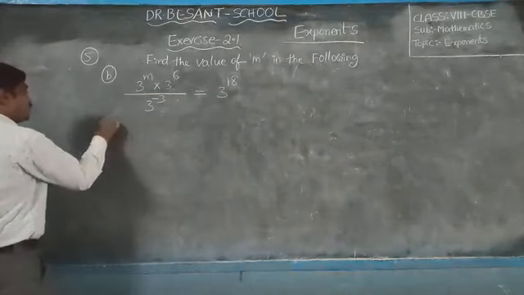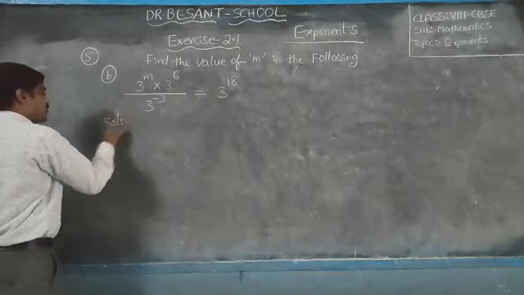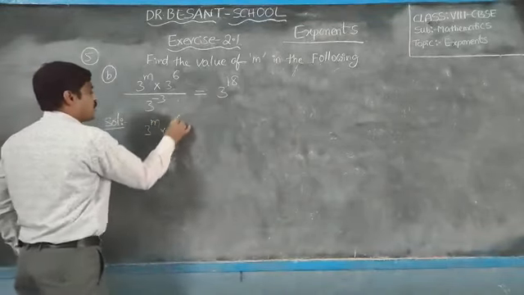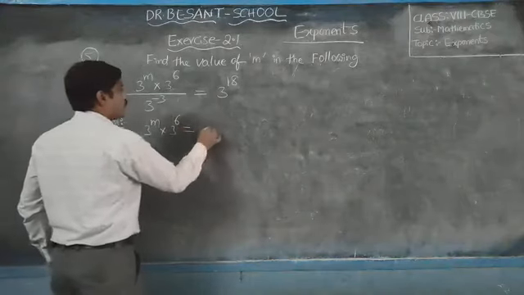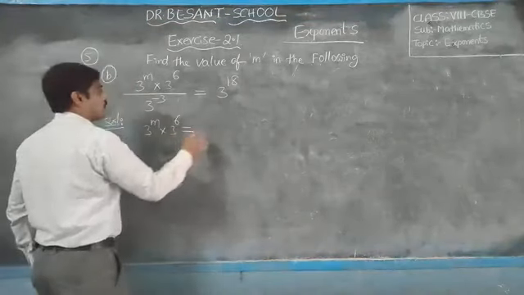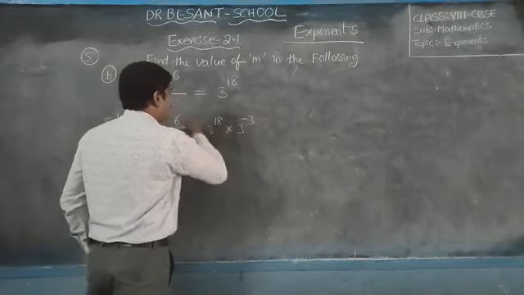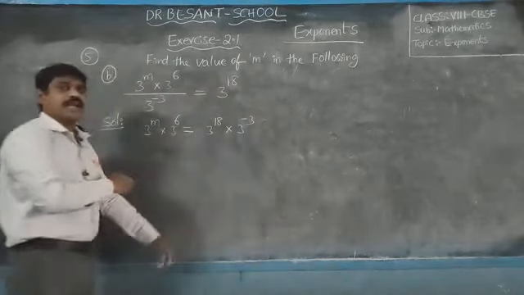Okay. 3 power m into 3 power 6 is equal to 3 power 18 into 3 power minus 3. Cross multiplication method I did.